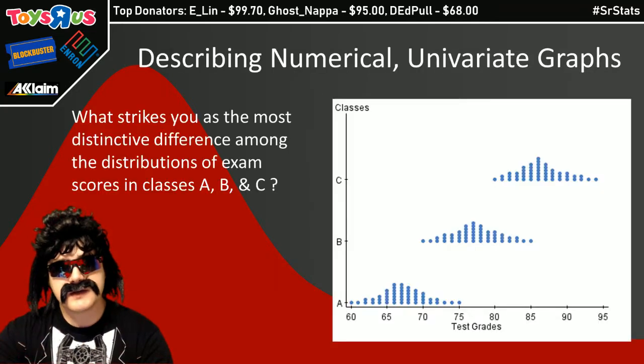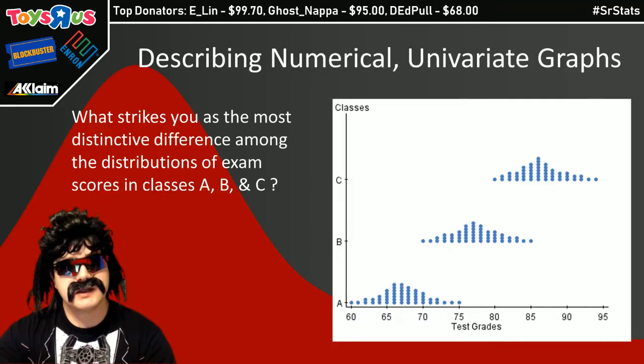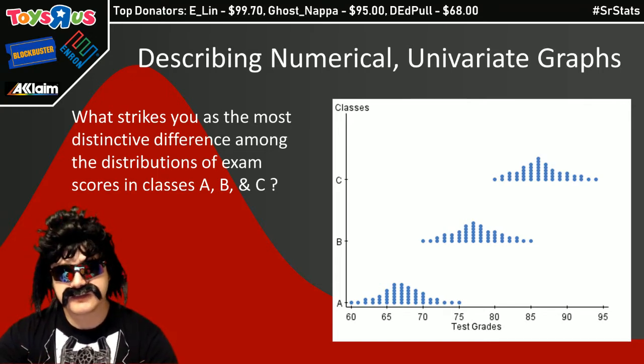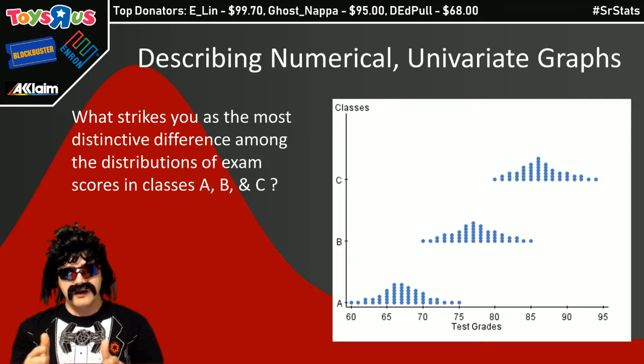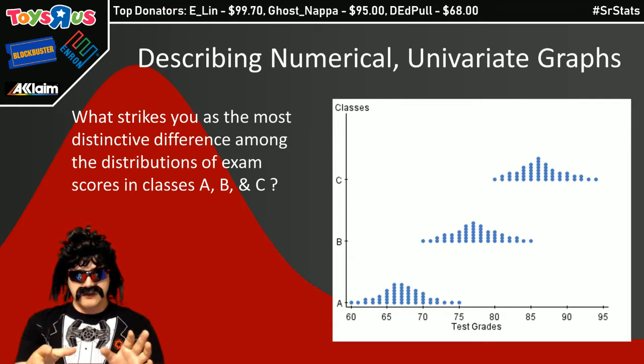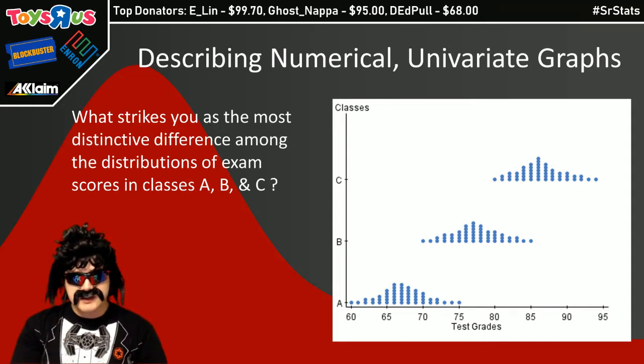Alright, so let's look at this. What strikes you the most distinctive among the distribution of the exam scores in classes A, B, and C? Notice that we have A grouped up close where the middle part is about 67.